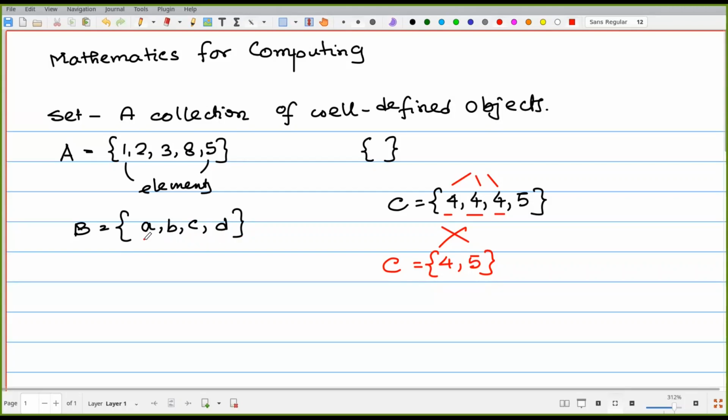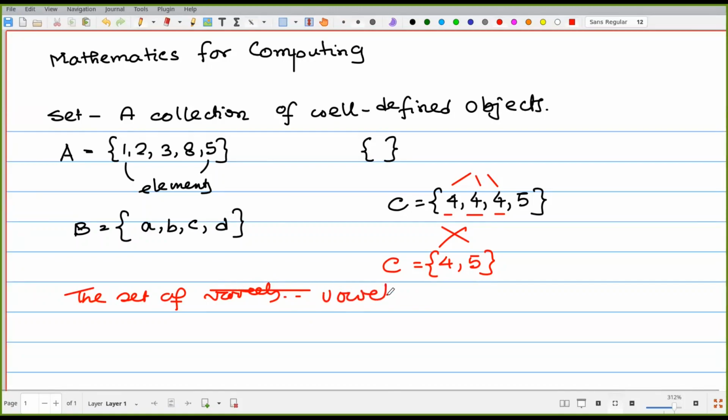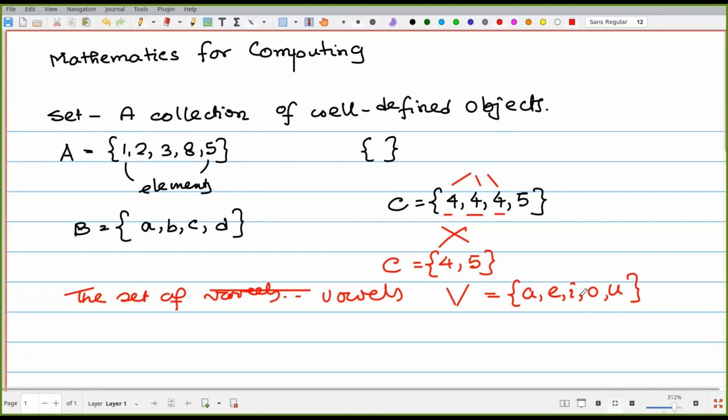Another one. Suppose the set of vowels in English. So the set of vowels means A, E, I, O, U. Suppose we write it as capital V, then A, E, I, O, U. So that is the set of all vowels present.